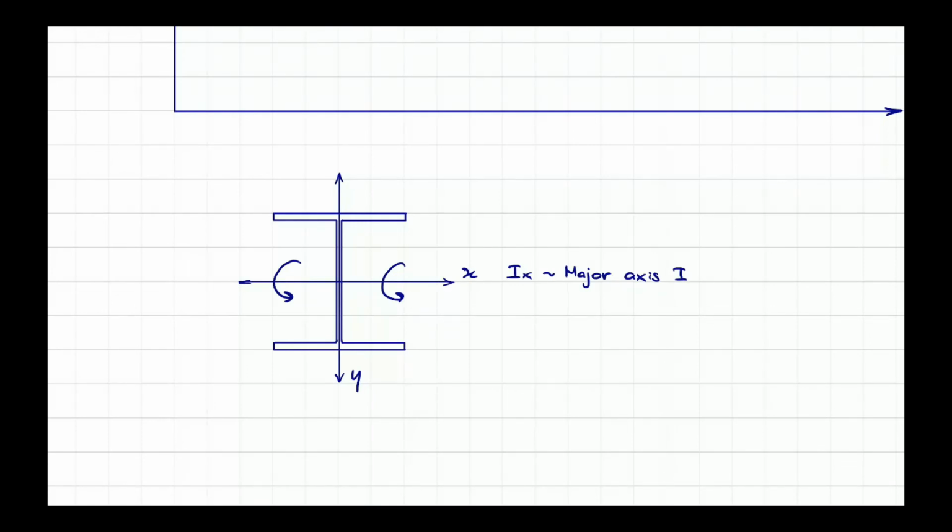These are given in the steel table, whereas the Iy is the minor axis I, and the Iy is controlling the moment, the flexure about this axis.